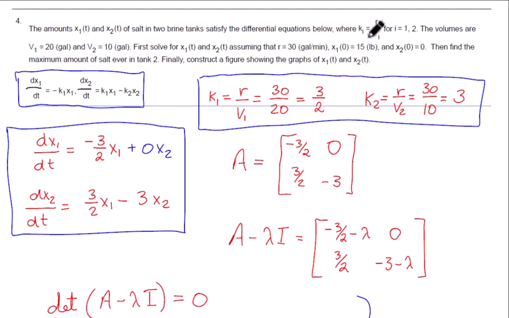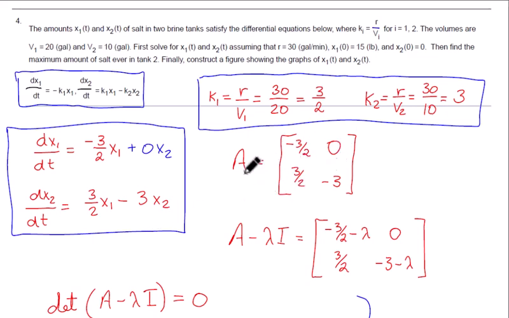They're going to give me some information about rate constants, which are R over V_i, and some initial V1 and V2 gallons in the tanks. They're going to give me R is 30, so you can calculate what K1 and K2 are. I plugged that into the system based upon K1 and K2. That gave me matrix A here.